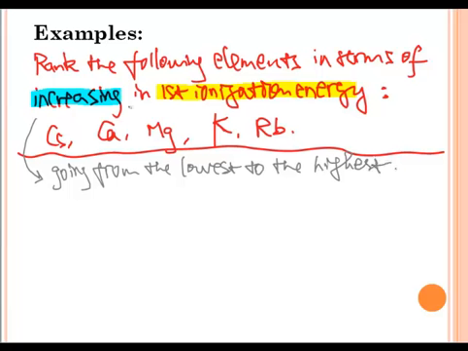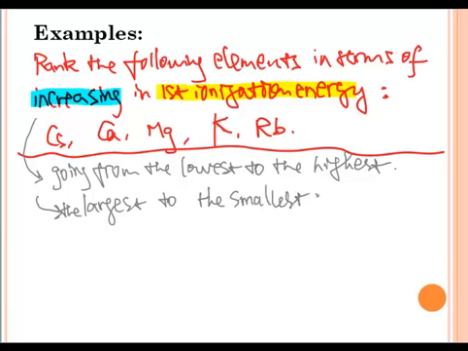So we want first ionization energy. Then remember the link between the size and the ionization energy. If we want to go from the lowest to the highest, essentially we want to go from the largest to the smallest.